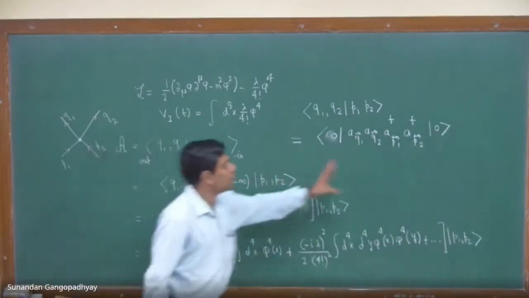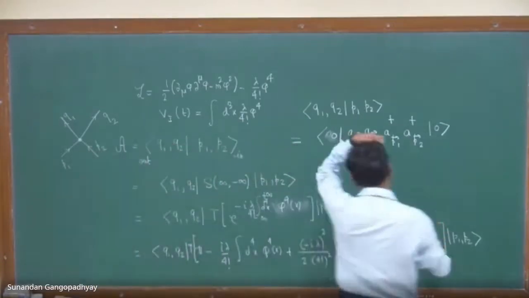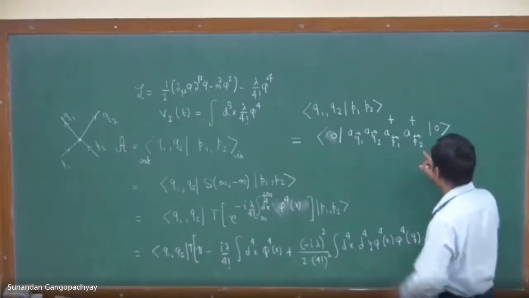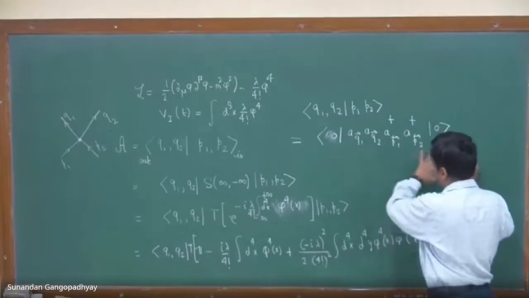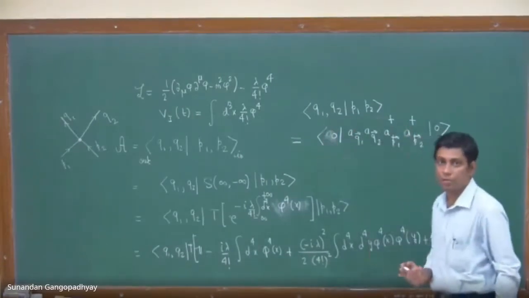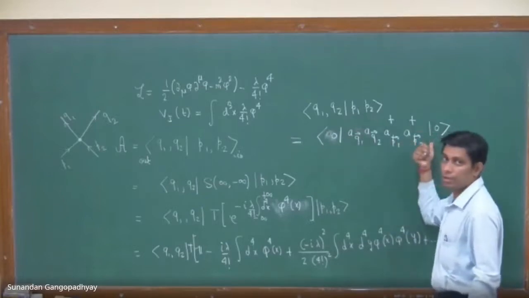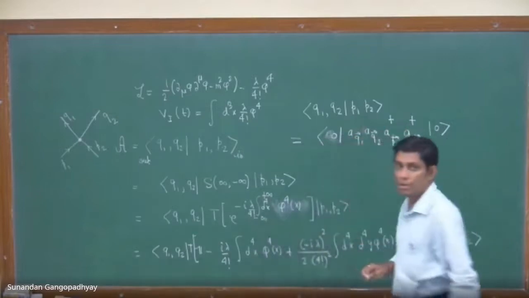And you can now contract these things. The trick to evaluate this vacuum expectation value is to take all the creation operators to the left and all the annihilation operators to the right so that it kills the vacuum. You can do it easily by using these commutators.